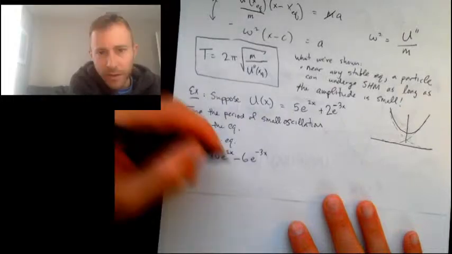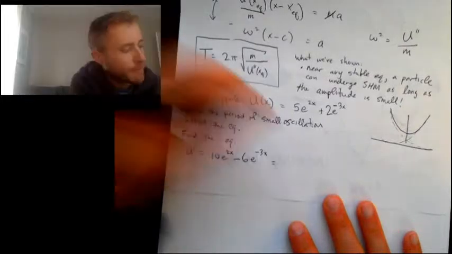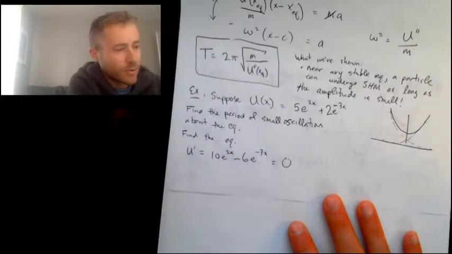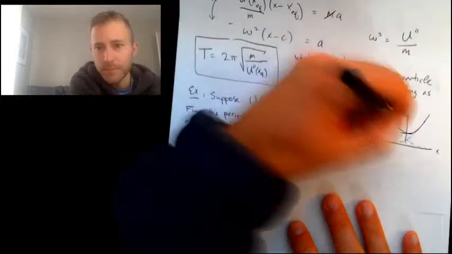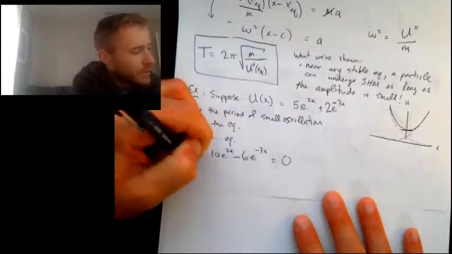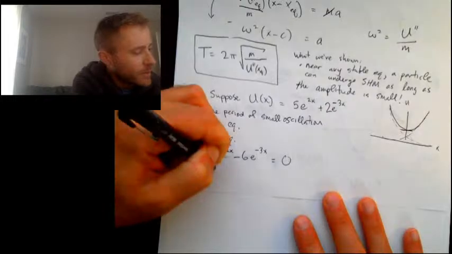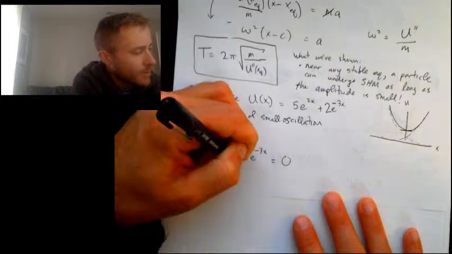And to find the equilibrium, I should set that equal to 0, because the equilibrium of the potential has 0 slope. Okay? So that means that 10 e to the 2x equals 6 e to the minus 3x.